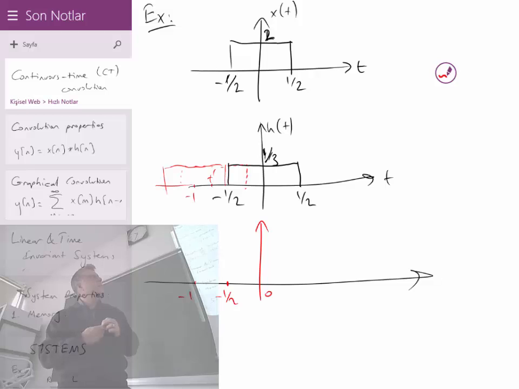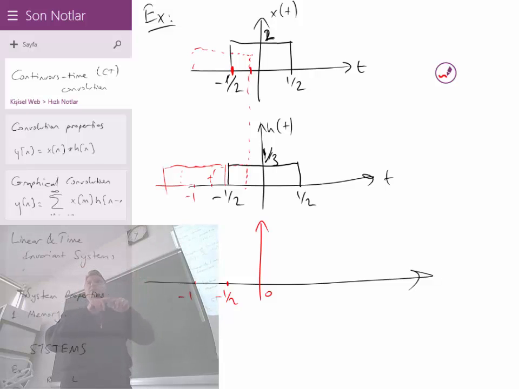And what is that overlap? How much is that overlap? Or what is the area between this point from -1/2 to here, which is the ending point of this box, and that box, let's draw it here. It was something like this. The multiplication of the two in the level will be equal to 1/3 times 2.